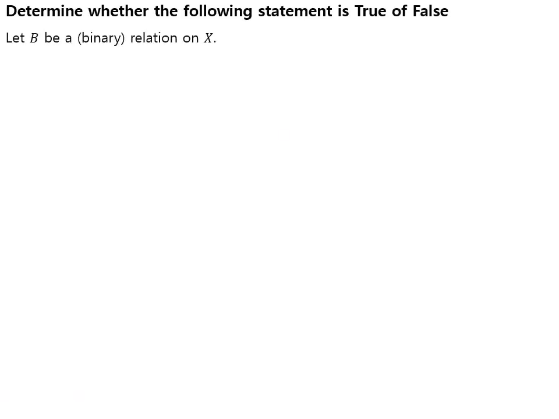Okay. Now consider the statement: if B is complete, then B is reflexive. Again, this is a statement that I have already explained, and this is true, right?